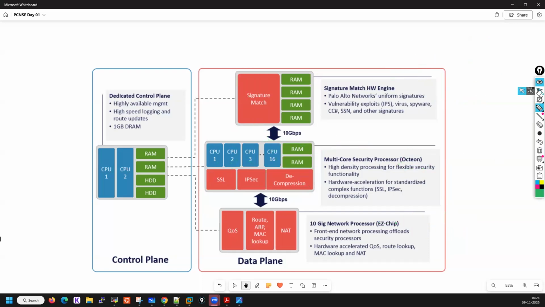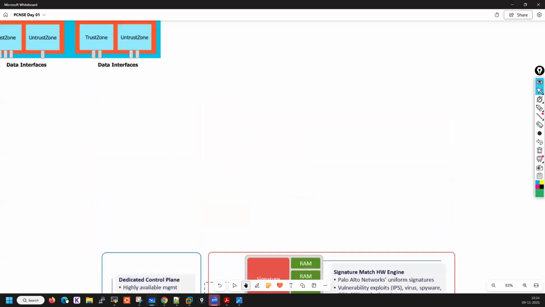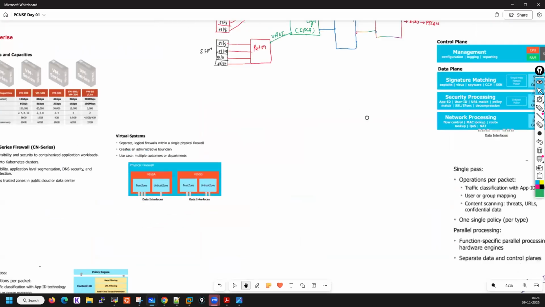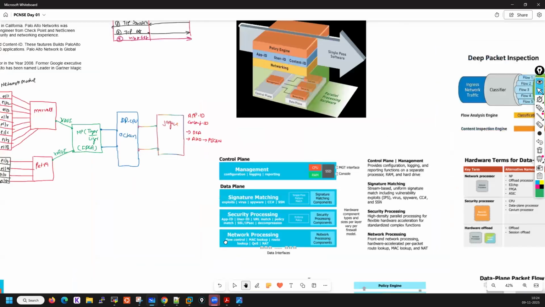Okay, so that's how they have the architecture. Even though they have a parallel processing architecture, right, they have dedicated CPUs here, and those CPUs function properly without any issues and without any dependency on each other. Now I'll take one more thing into consideration.